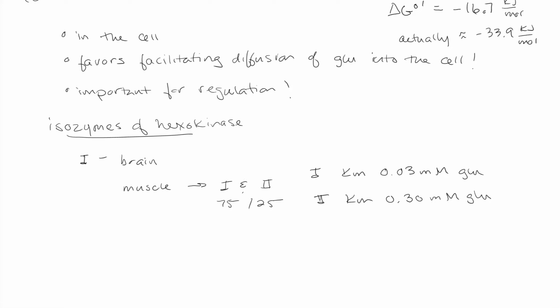And that makes sense because if you were in a tug of war for glucose in the bloodstream, you would want the neurons to be prioritized, despite the muscles being very important as well. Now, in terms of regulation, animal isozymes, which are the ones we're primarily interested in, are all allosterically inhibited by the product glucose 6-phosphate.